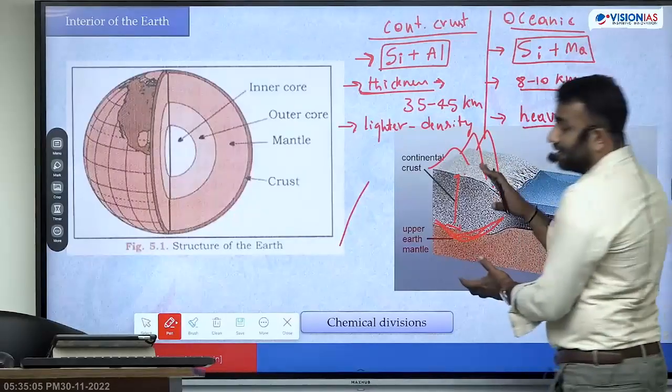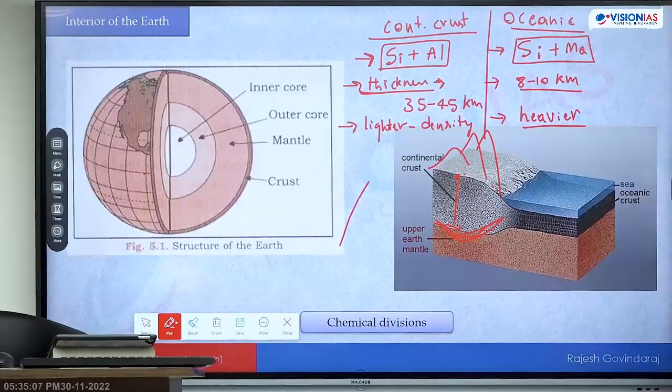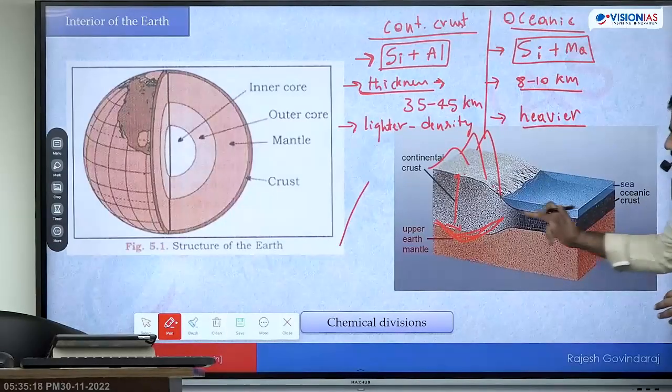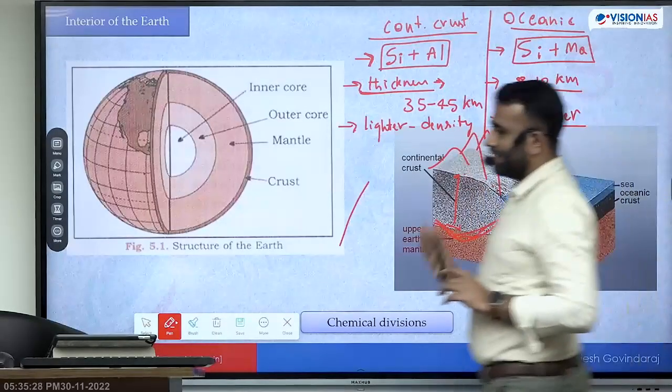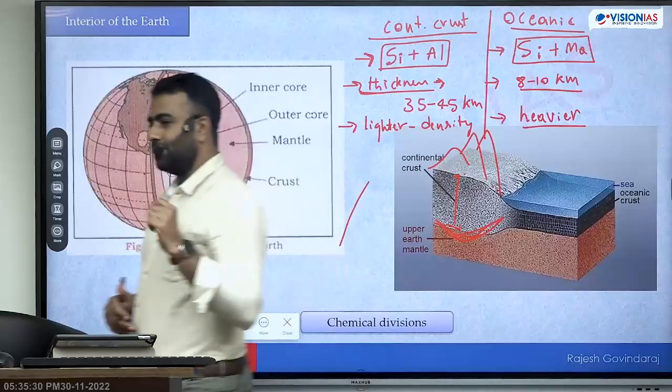Thicker doesn't mean that it is heavier. If you see the density of the material, it is lighter. Okay, for example, thermocol ले लो, thick भी रहता है, ज़्यादा dense नहीं रहता है. This is thin, but heavier in density. For example, a sheet of iron, है ना, thin रहता है, heavier रहता है. So like that, it is thicker and lighter in density. That is thinner but heavier in density.